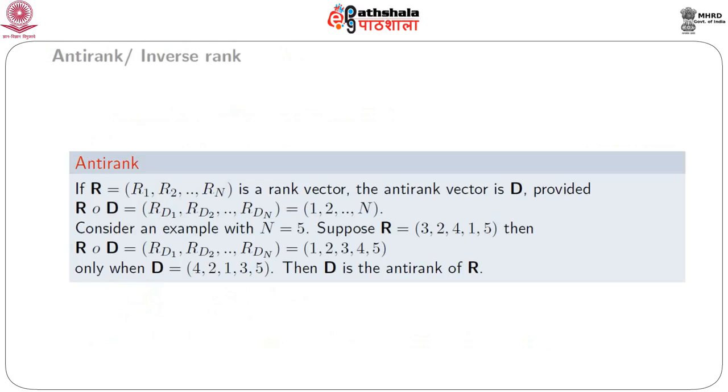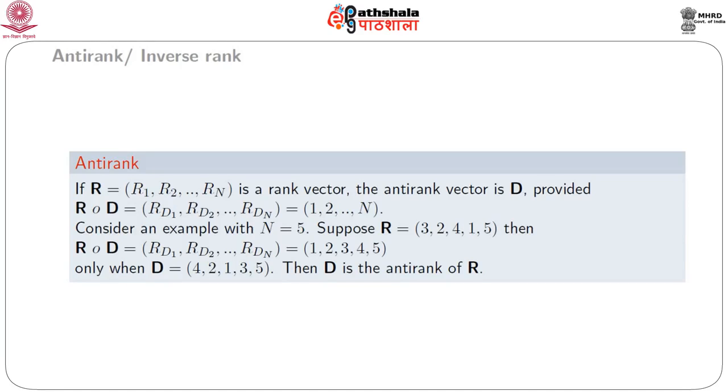and it is natural that the marginal distribution is different from discrete uniform. Next, we shall introduce the concept of anti-rank or inverse rank. If R1, R2, ..., Rn is a rank vector, the anti-rank vector D is provided by the composite function R of D, which is nothing but (R_D1, R_D2, ..., R_Dn), such that it gives the numbers in the natural form.